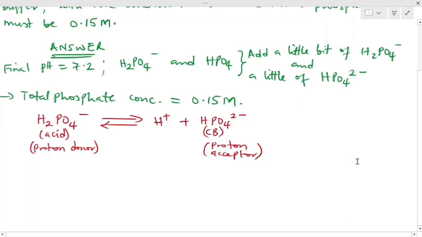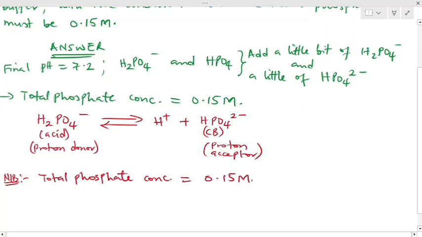So I need the total concentration to be equal to 0.15 molar. Note that from the question, the total phosphate concentration should be equal to 0.15 molar.